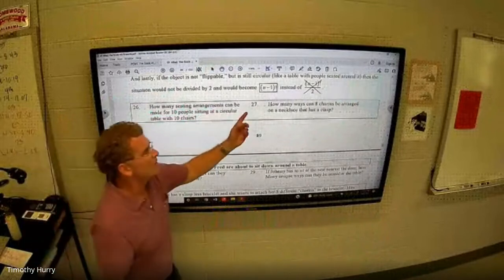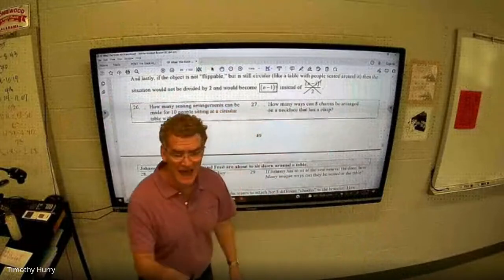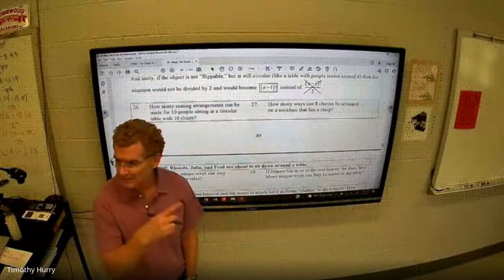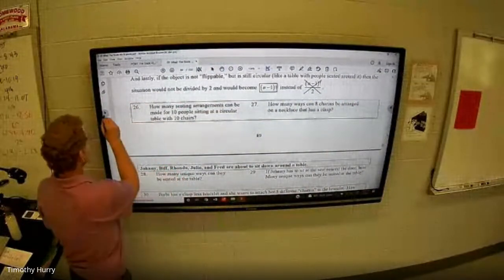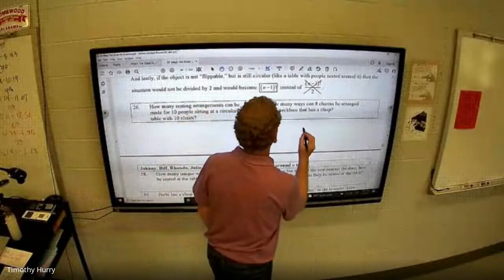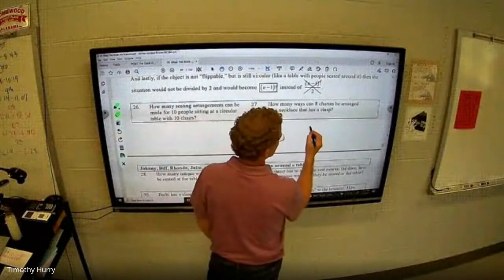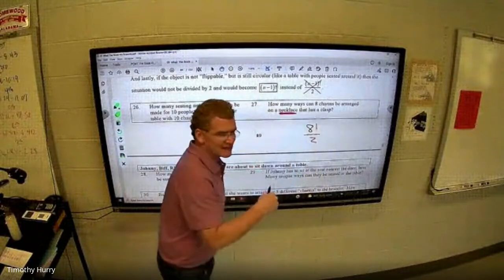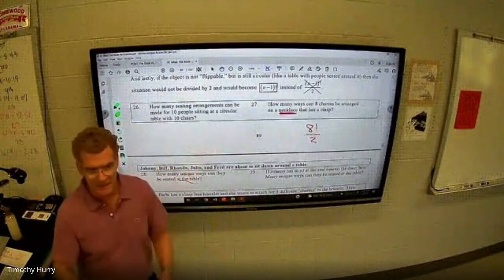Come over here. How many ways can 8 charms be arranged on a necklace that has a clasp? What does the clasp do? Stops that circular ability to be able to rotate things and meet a different criteria. So I definitely can't say minus 1 factorial. I'm going to have to keep the 8 factorial. But what can I still do? I can divide it by 2 because it is a necklace, and necklaces, key rings, charm bracelets, whatever, are flippable in nature.